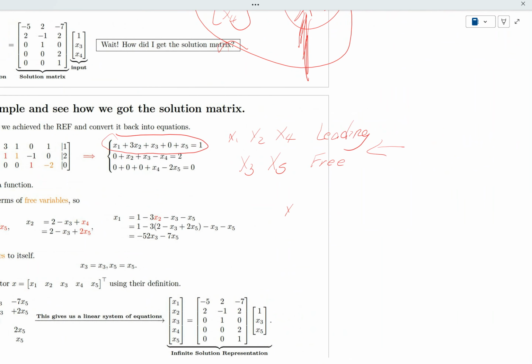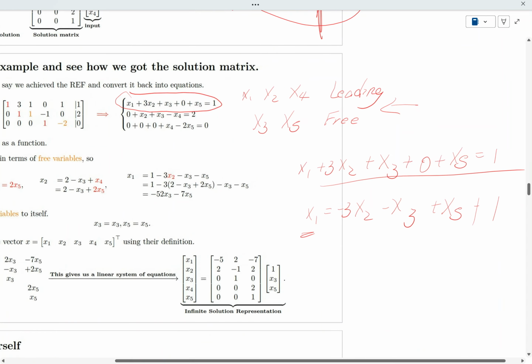So x1 plus 3x2 plus x3 plus 0 plus x5 is equal to 1. Well, this means that we know what x1 is. x1 must equal minus 3x2 minus x3 minus x5 plus 1. Okay, so we now know what x1 is.